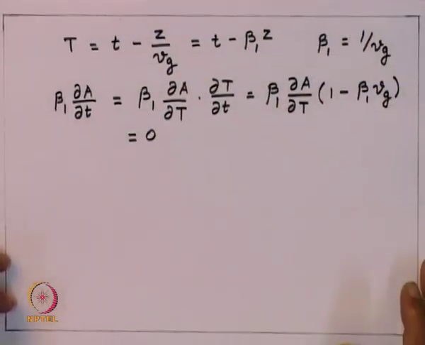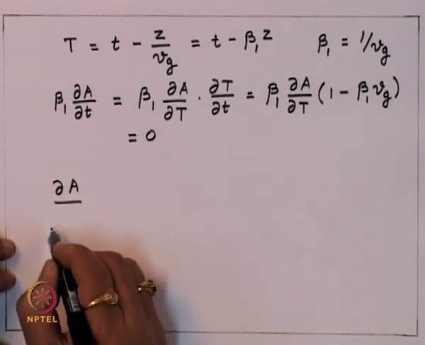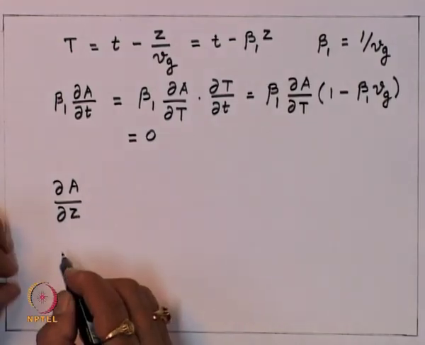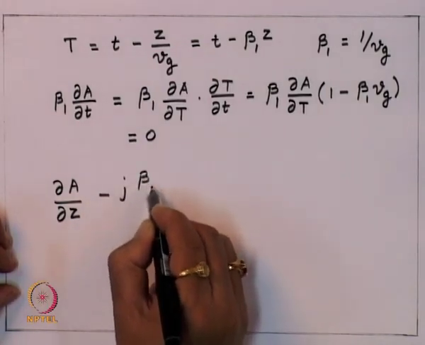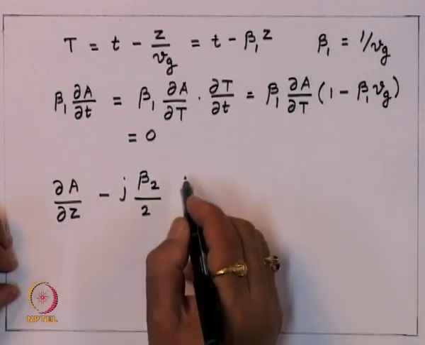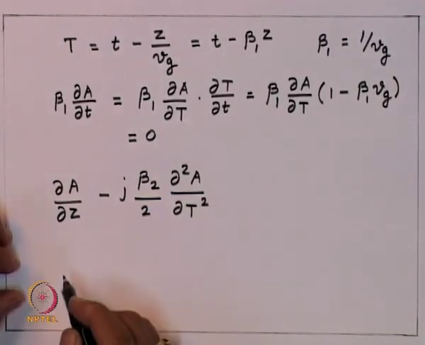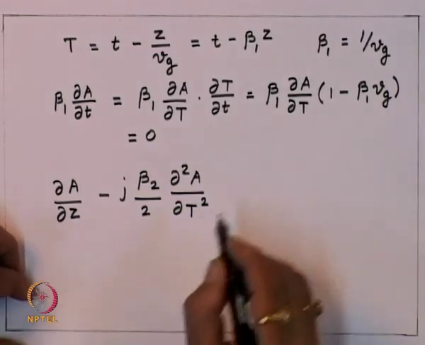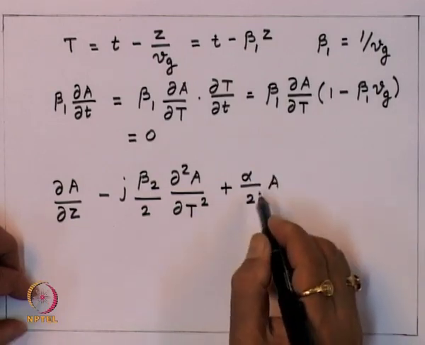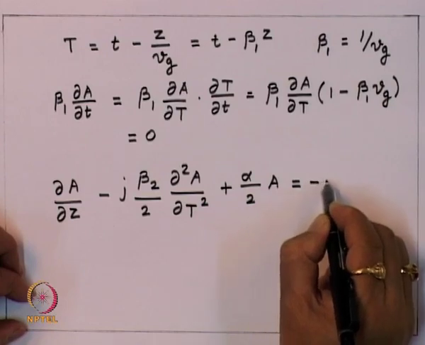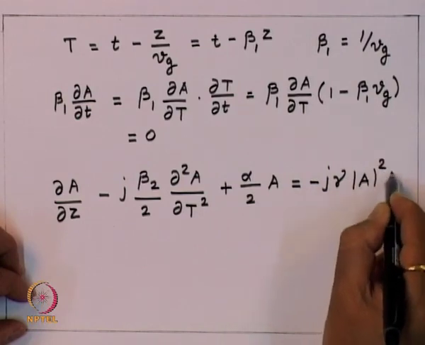So, we will get the new equation now, which is dA by dz minus j beta 2 by 2 d 2 A by d capital T square, which is the time measured in the moving frame, plus alpha by 2 A is equal to minus j gamma mod A square into A.